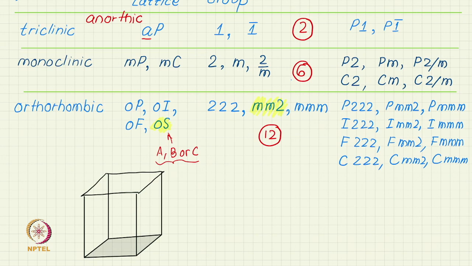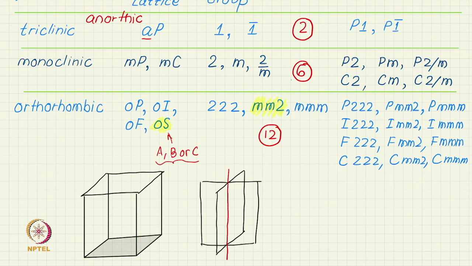Now, MM2 symmetry itself means that I have an M and I have another orthogonal M. So, there are two perpendicular mirror planes and the intersection of them is a two-fold axis. So, that is what is meant by an MM2 point group.